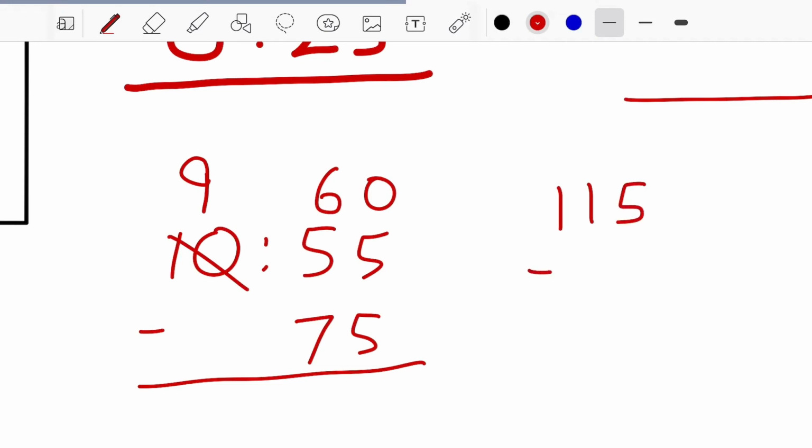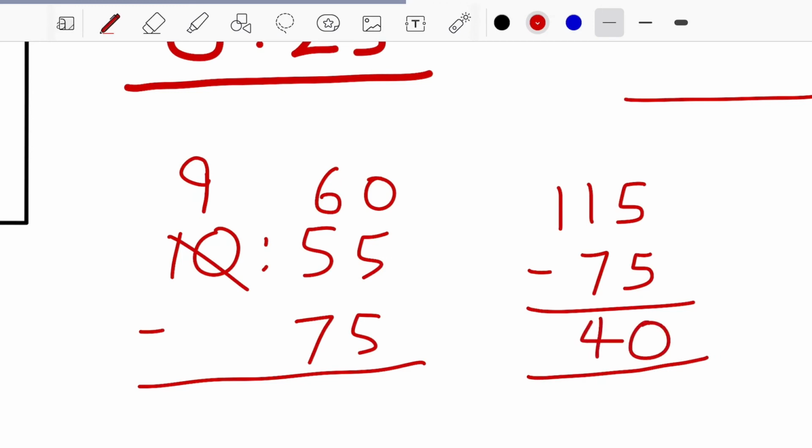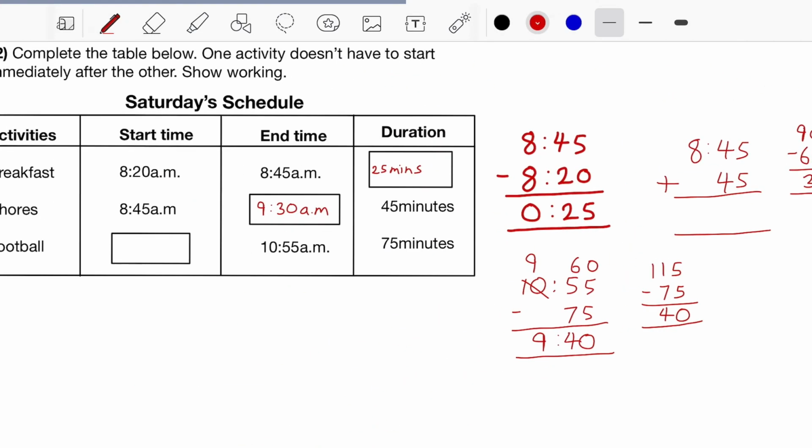We then subtract 75. So when we do that subtraction, we will get 40. Right, so we have 40 minutes here. So it's 9:40. The activity started at 9:40 a.m.